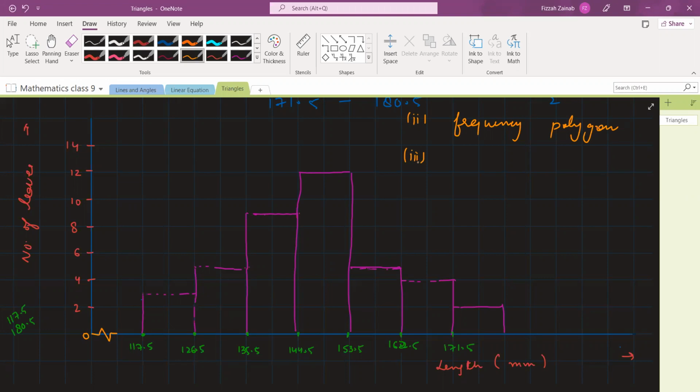Next, is it correct to conclude that the maximum number of leaves are 153 long? What do you say about this, Jesslyn? Third part. Is it right or is it wrong? Zeba, what do you say about this?